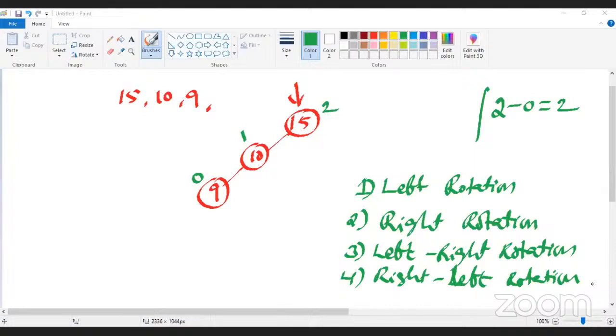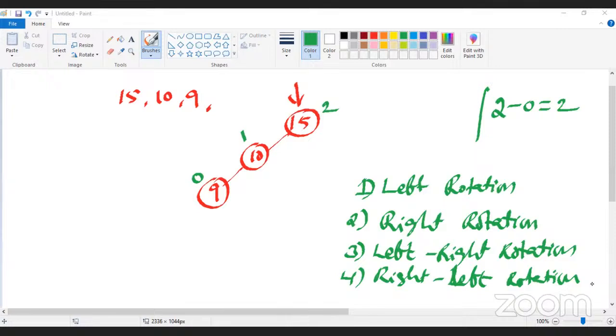Sir, 15 comes under right. What do we call this one? That is called right rotation. Is it right rotation? We are moving to right only. Left or right?